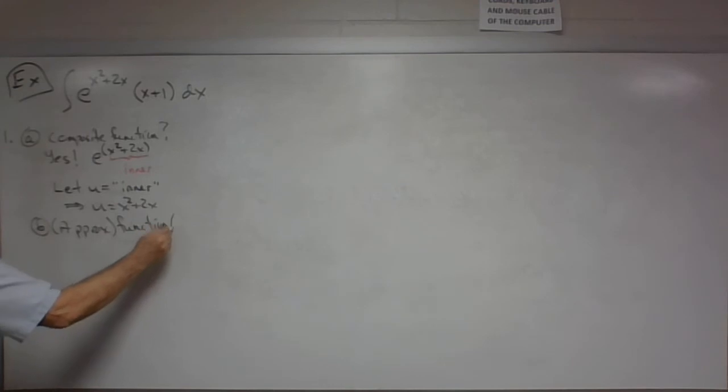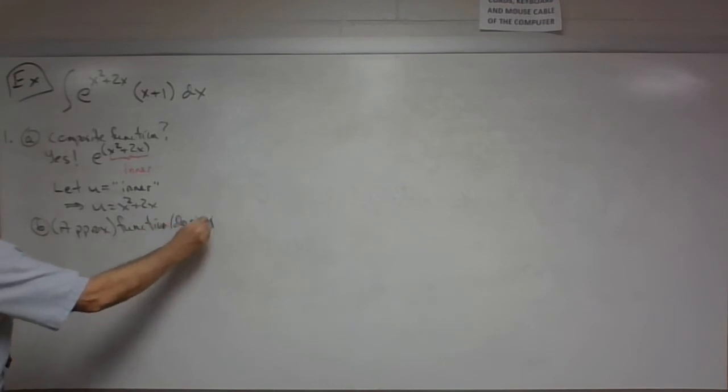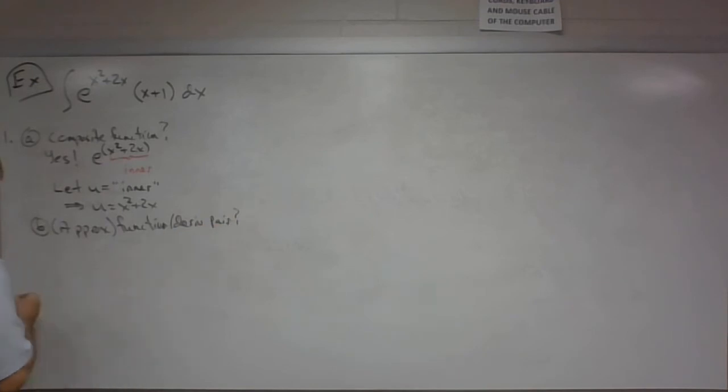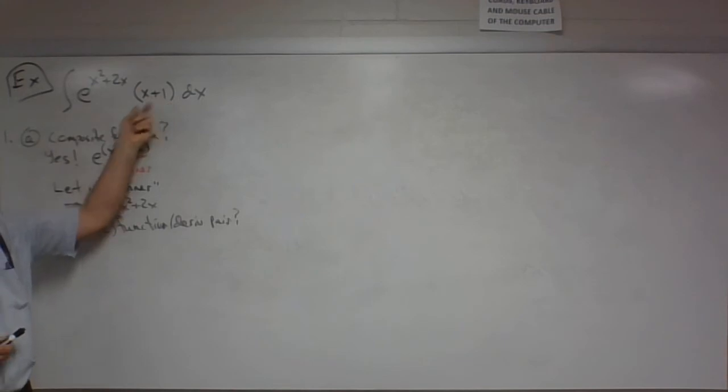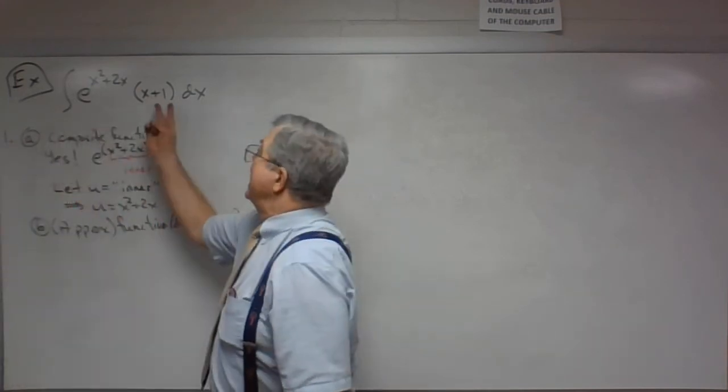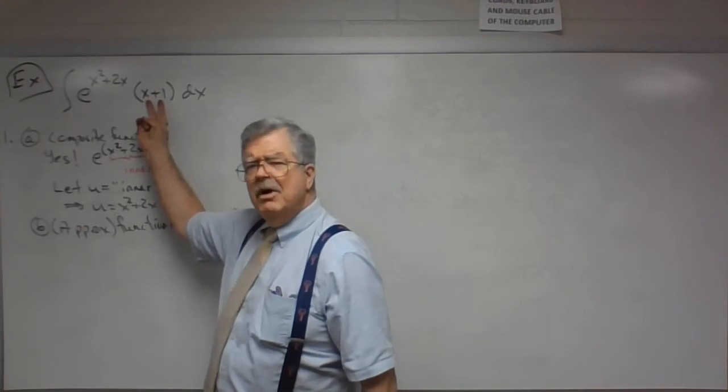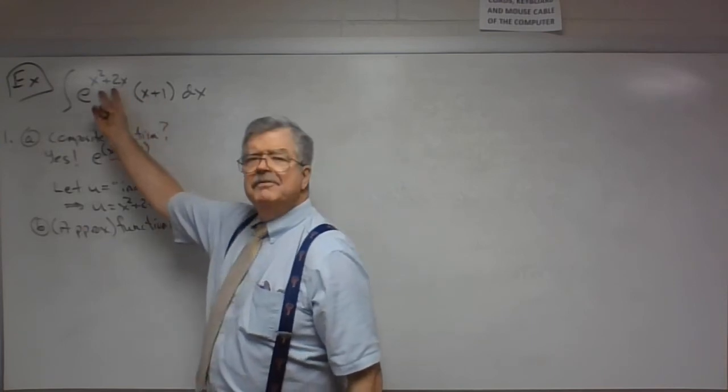Do we have an approximate function derivative pair? Do we? x squared plus 2x, what's the derivative of this? The derivative of the exponent is 2x plus 2. We have x plus 1. x plus 1 is a constant multiple of the derivative of the exponent.